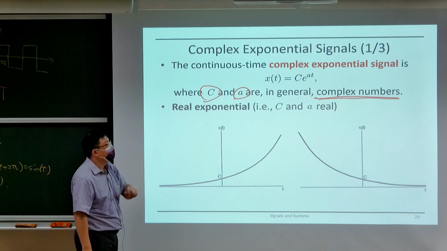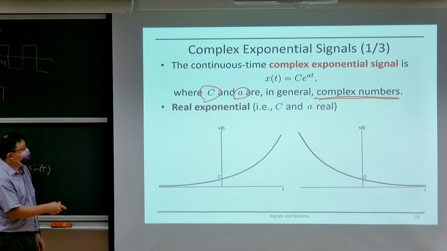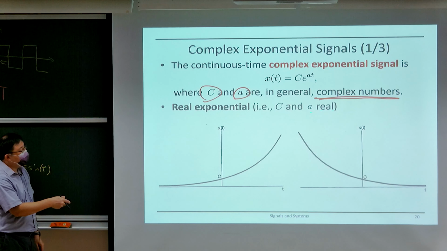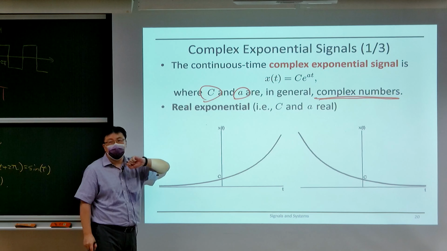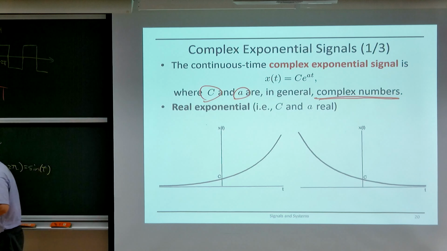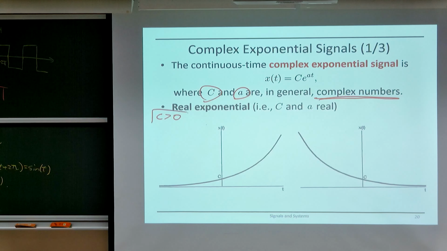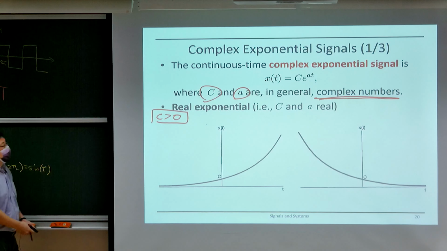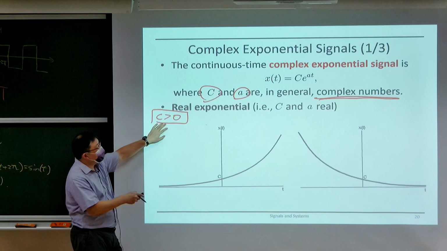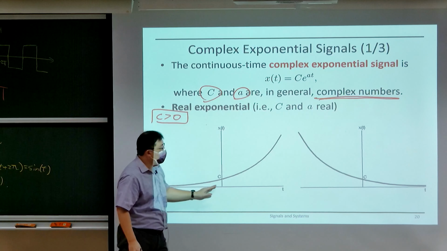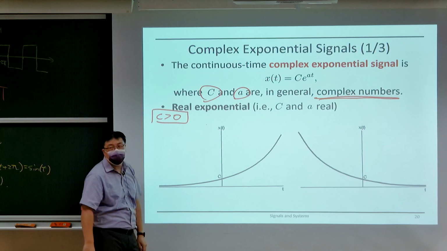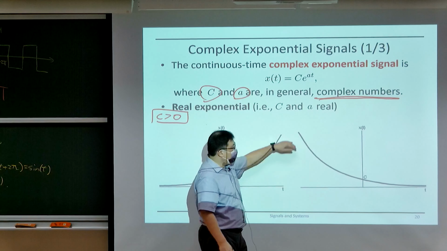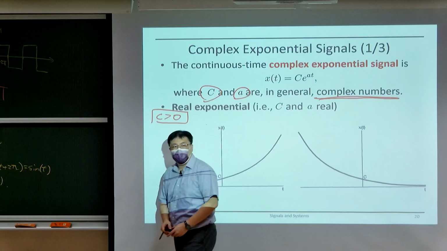Now, suppose you choose c and a to both be real. In this case, we have a real exponential. Suppose that c is greater than 0. Then this real exponential will be a growing exponential if a is positive, and a decaying exponential if a is negative.